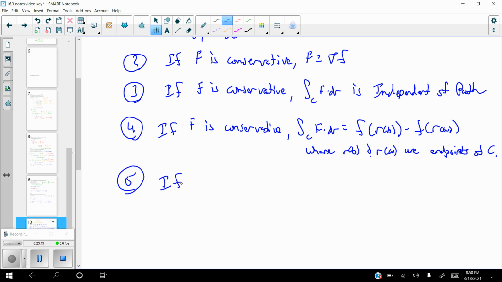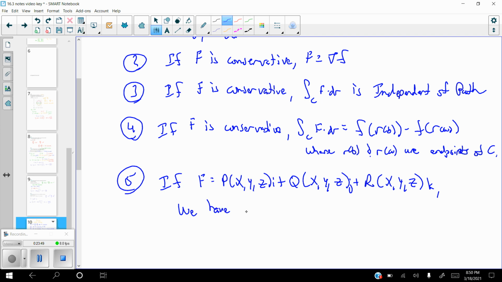If F equals P of x, y, z i plus Q of x, y, z j plus, and we use R, oops, I forgot, there's an i here, j here, got to put it in vector form, R of x, y, z, it's a capital R, k. So now this is 3-dimensional.